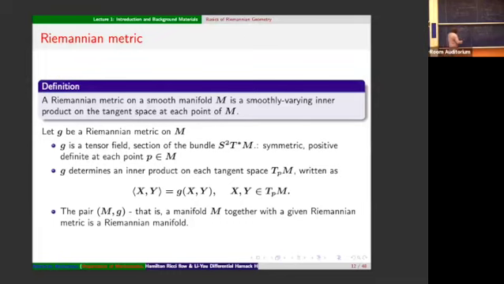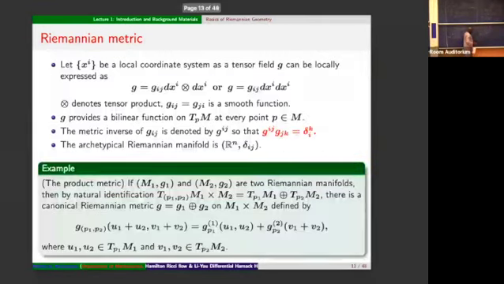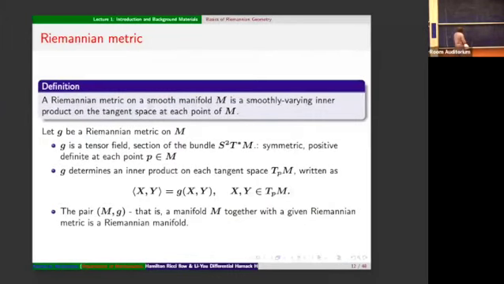Then if you have this structure, this Riemannian metric with those properties, then you put this inner product on the smooth manifold that we have defined, which I write as G. This pair is called a Riemannian manifold.